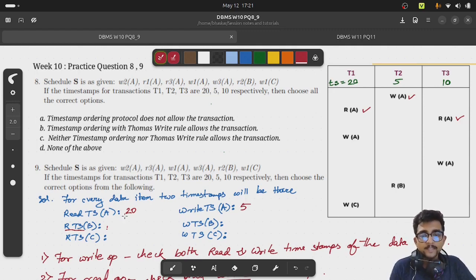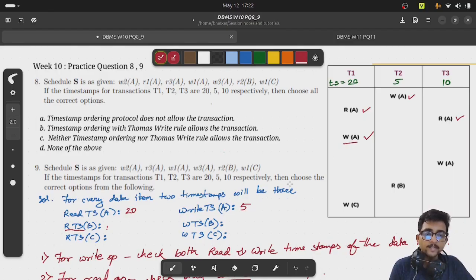Let's check the read timestamp. Read timestamp is 20. So that means I have myself read the value of A earlier. So again, there is no issue with it, and we will allow write A also. Since now I have written into A, I will update the write timestamp of A. Why here will we update? Because 5 was stored and now it will be 20.